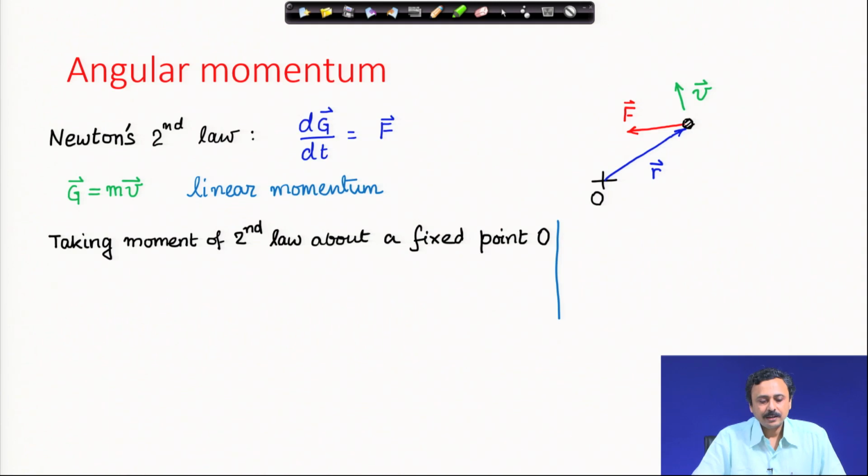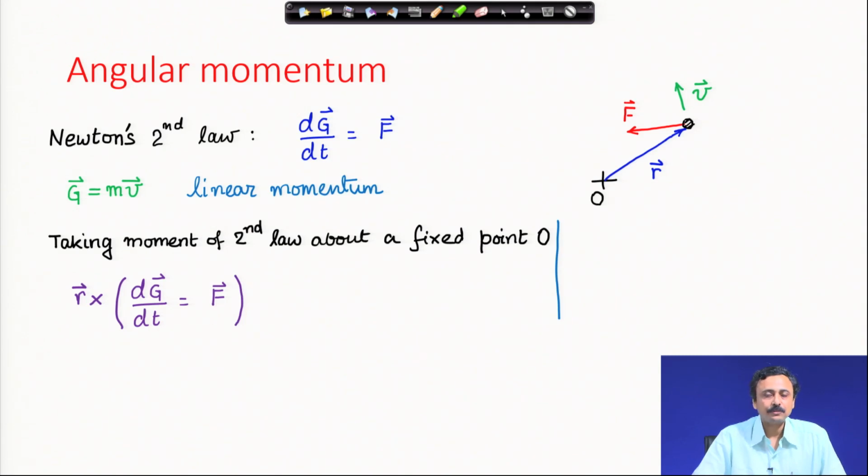If I take the moment of the second law about this fixed point O, then what happens? Let us see that. Moment of the second law about O means I do an r cross on both sides of the second law.